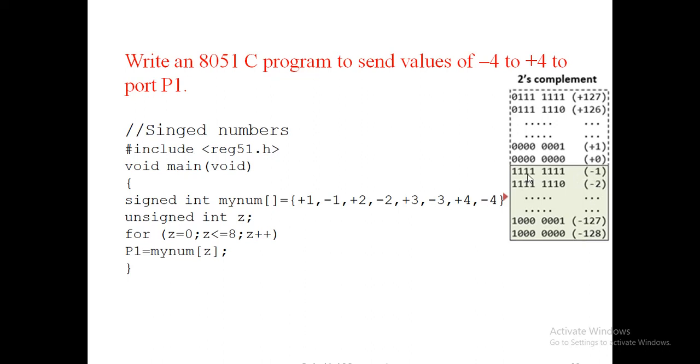Minus 1 is FF, FE, FD, FC until 80. Positive values are 00 to 7F and negatives 80 to FF. Or else, if it is a negative number, just take the 2's complement of that number, and the MSB indicates the sign bit. Okay, thank you.